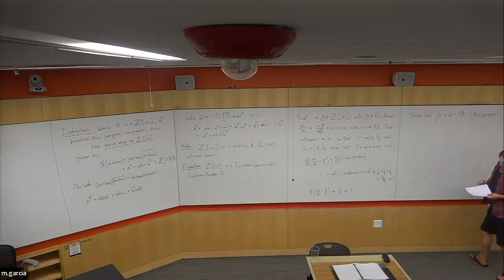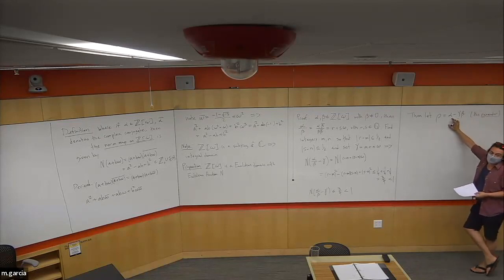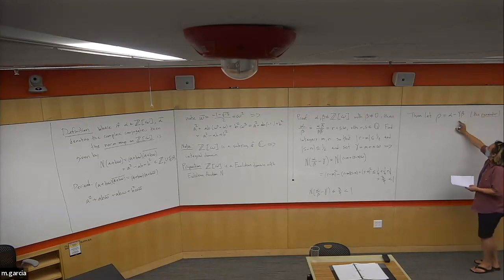This is the remainder. This is our proposed candidate for the remainder when dividing alpha by beta. And notice now that this is in fact dead to rights an Eisenstein integer, because we chose integer coefficients for gamma, m and n.